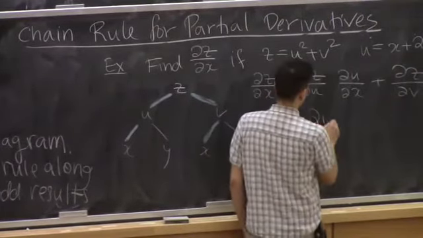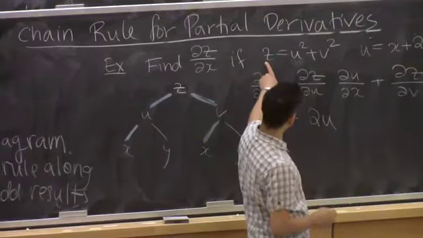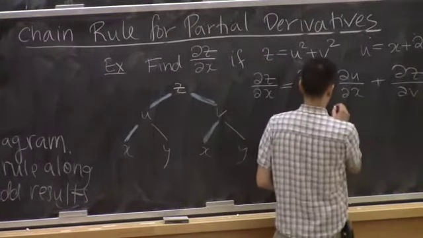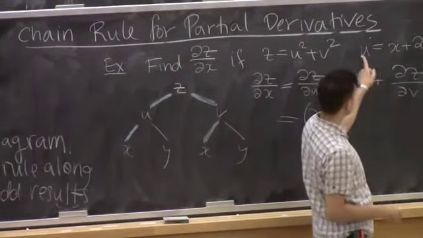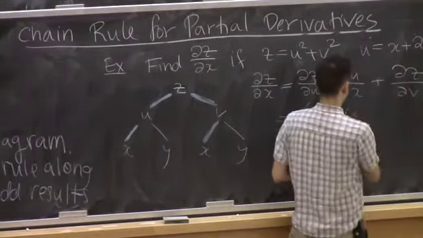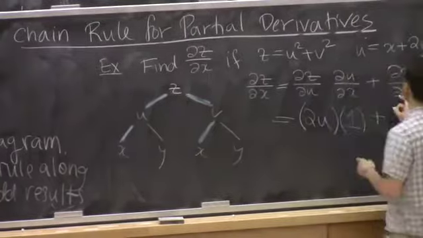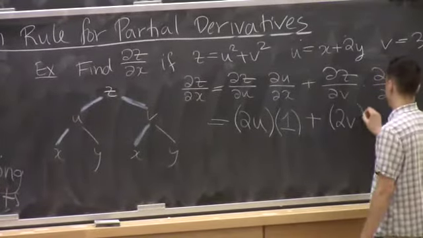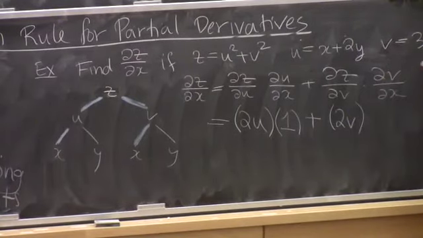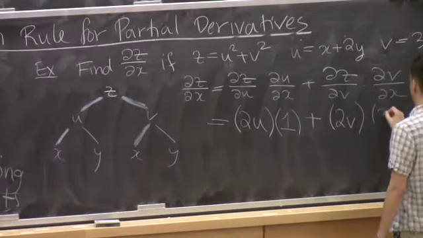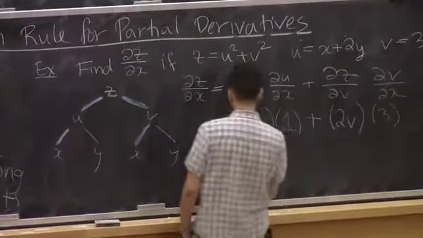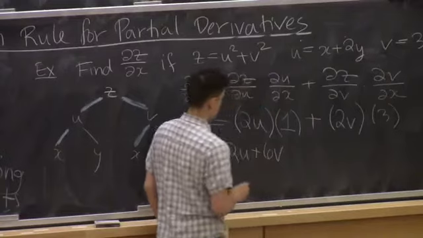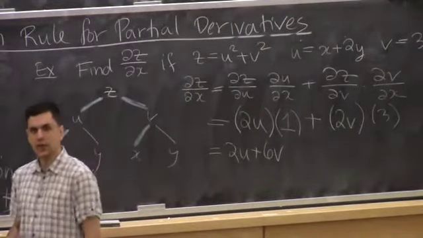This will be the derivative of z with respect to u will be 2u. The derivative of u with respect to x will be 1. Derivative of z with respect to v will be 2v. And v with respect to x will be 3. Okay, so we get this.